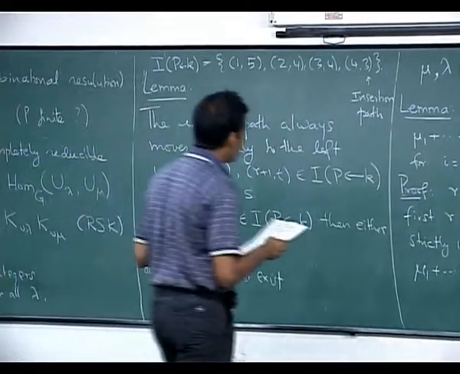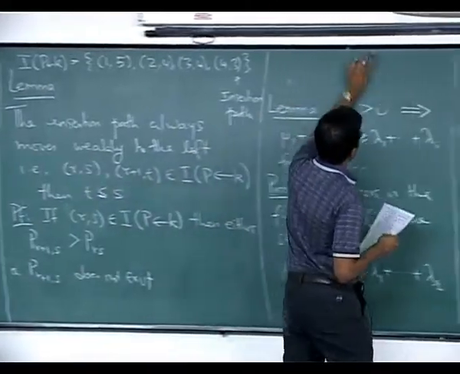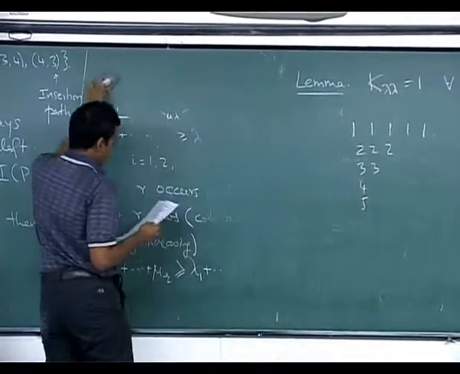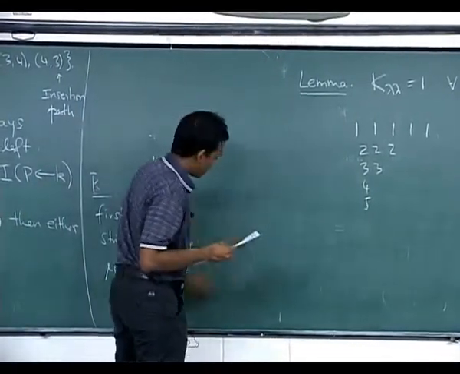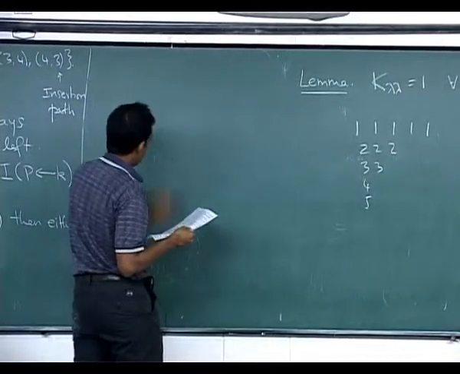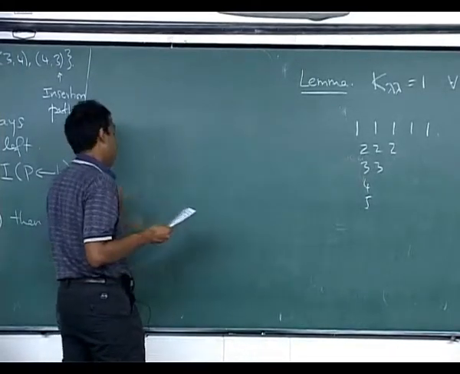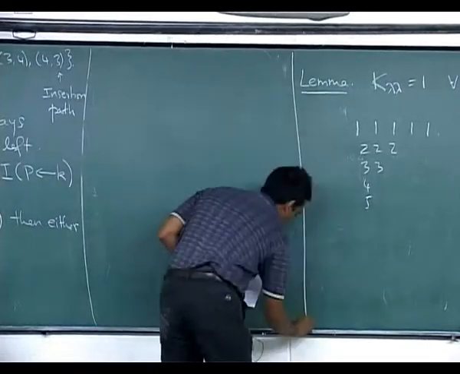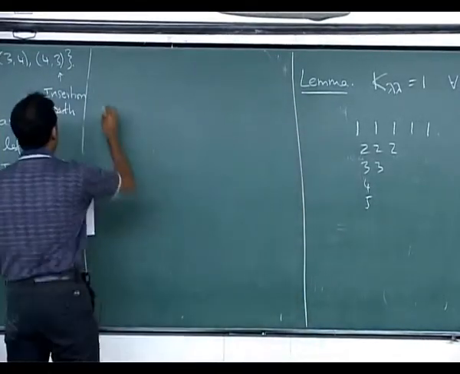The second lemma is about comparing two bumping paths. Suppose you first insert J into a semi-standard Young tableau, and then you insert K, which is greater than or equal to J, into that insertion tableau. Then how do you compare the two insertion paths?